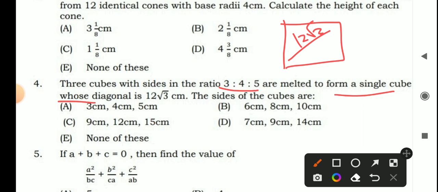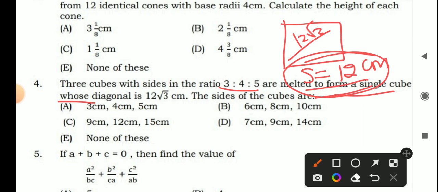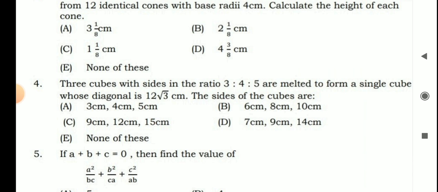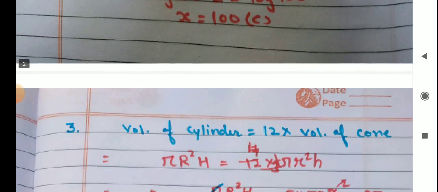So what will be the side of this cube? Side of this cube will be 12 centimeter. So the cube is of 12 centimeter, and this cube of side 12 centimeter is melted into 3 such cubes whose side we need. Which option will come? Okay, so come on the solution.